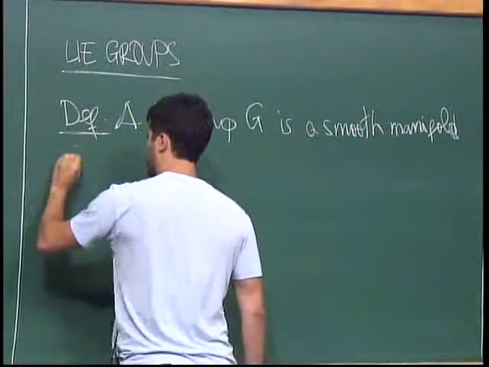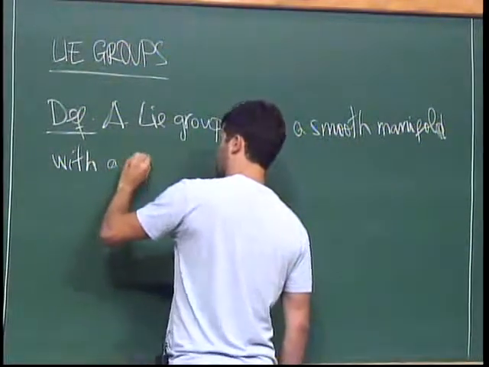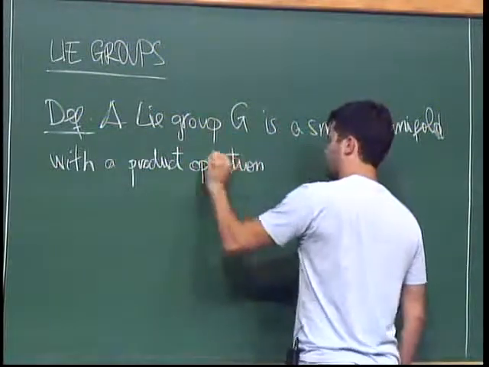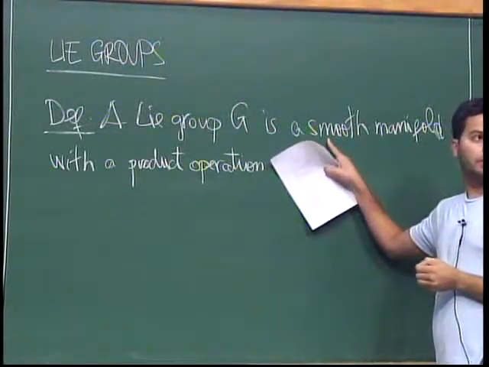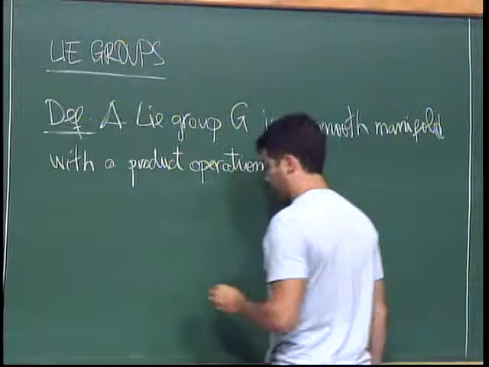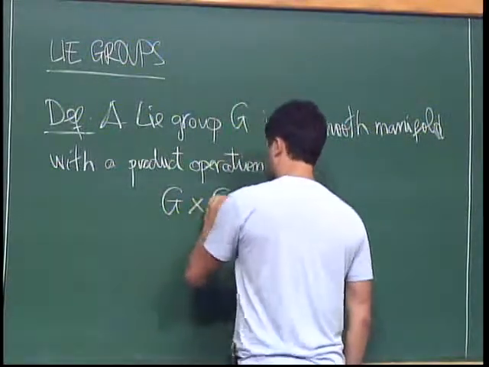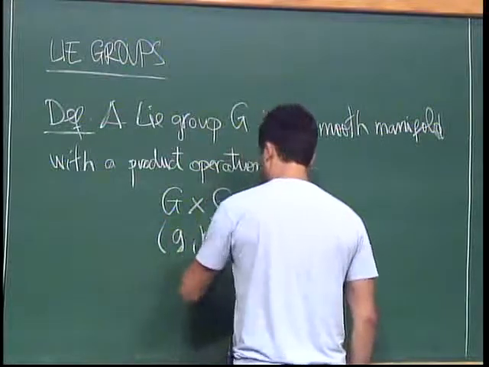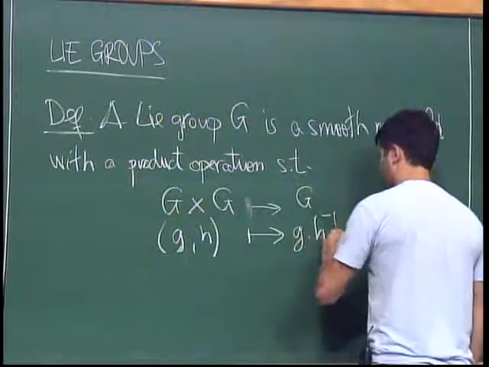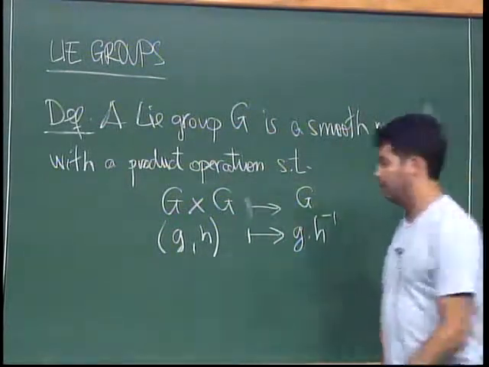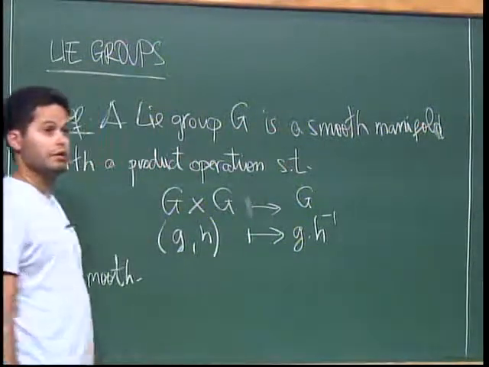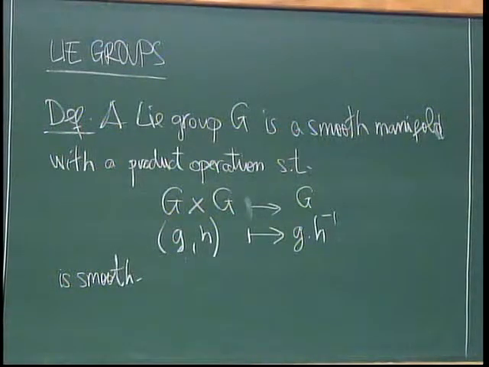So with a product operation, let's say, but this product operation has to be smooth with respect to the Riemannian metric of your manifold. So the assumption that you require is that this map here that gets a pair (g, h) and sends it back to g times h to the minus 1, this guy is smooth. Okay? So it is a group which is also a manifold.